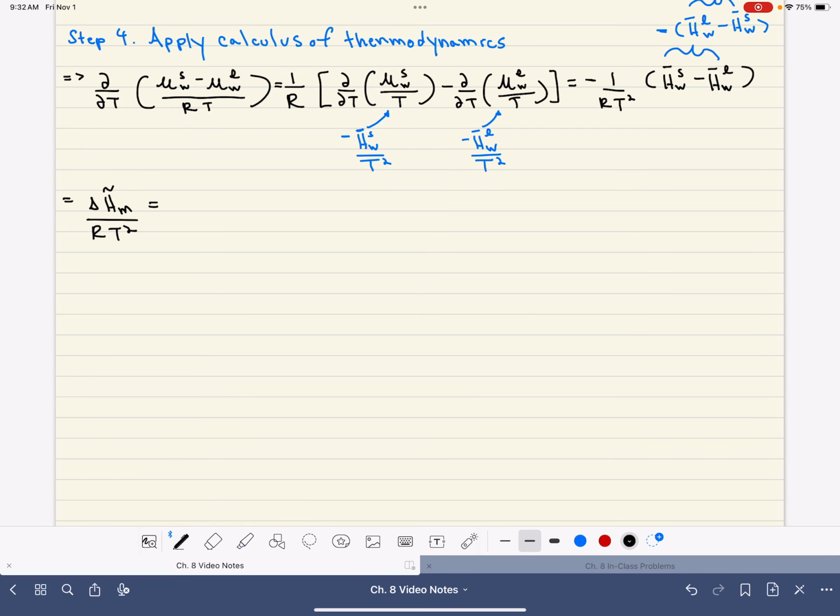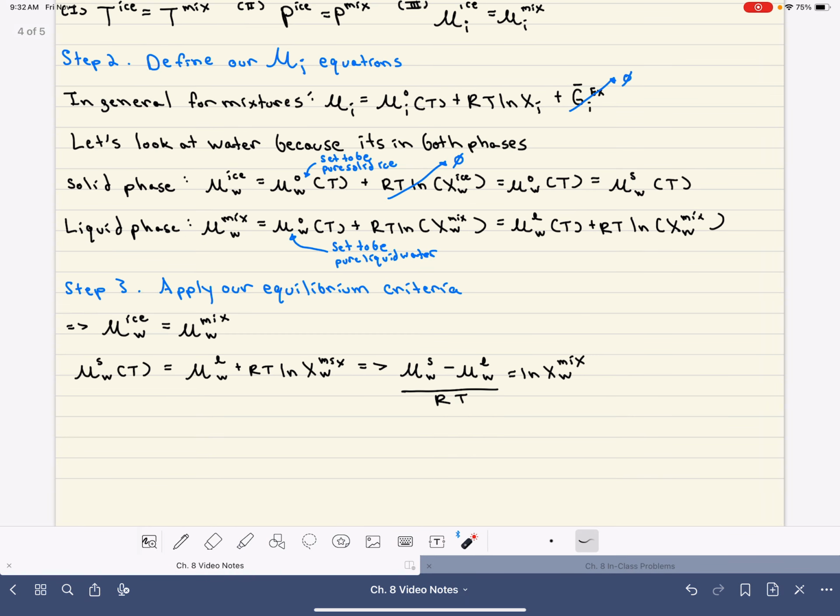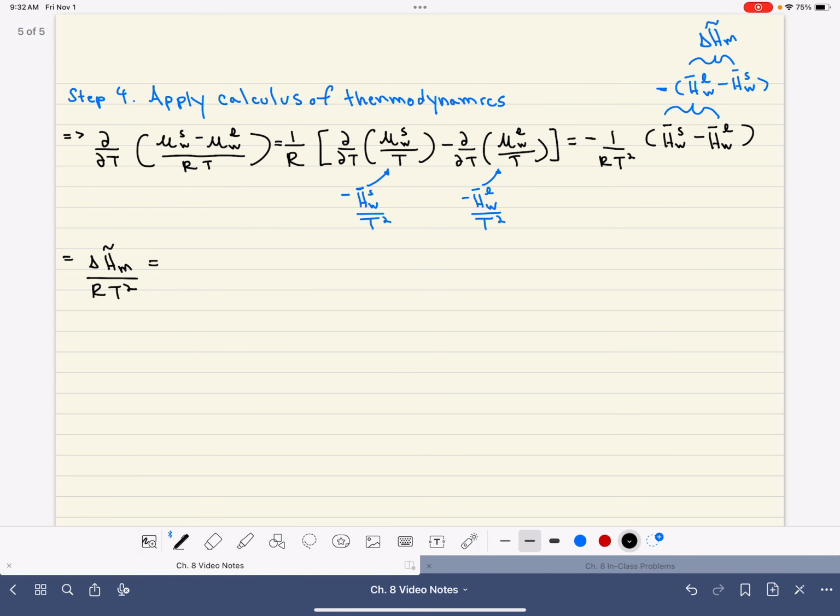And so that this, we go back here, is equal to the partial derivative of this, of the mole fraction with respect to temperature. Okay? All right. So by applying the calculus of thermodynamics, we turned this into this. Right? And then now what we want to do is just get back the natural log of the mole fraction. And so the way we're going to do that is we're going to move the partial derivative to the other side.